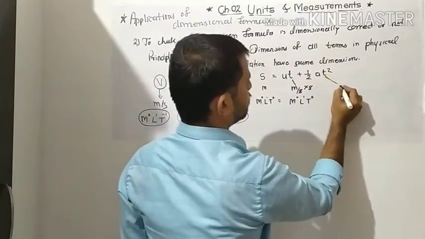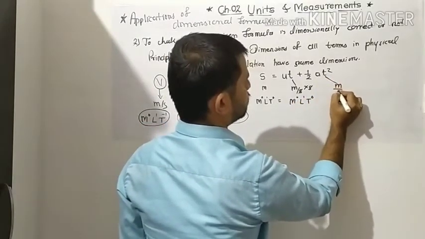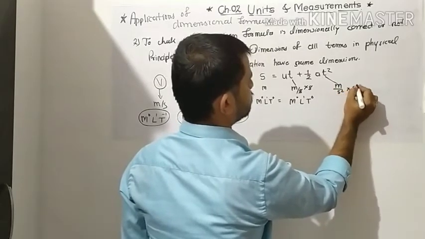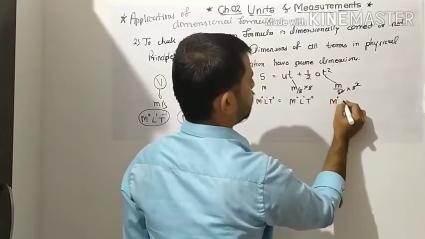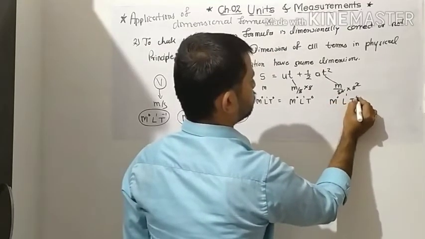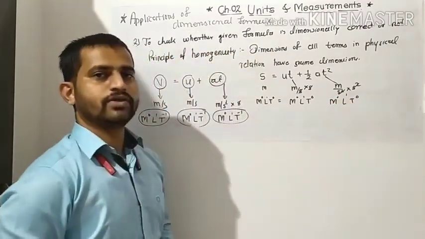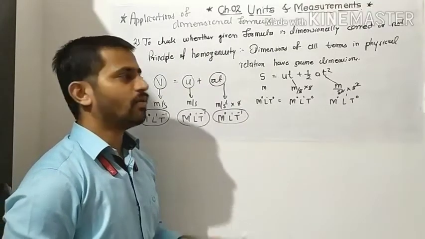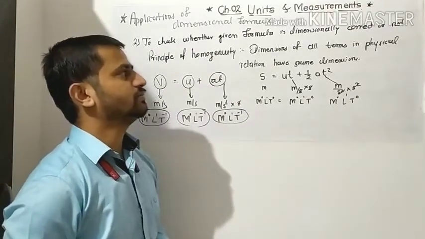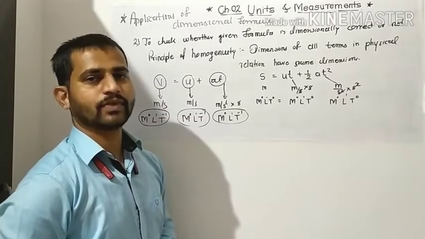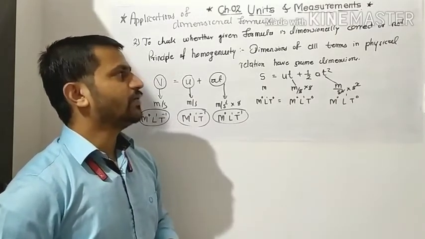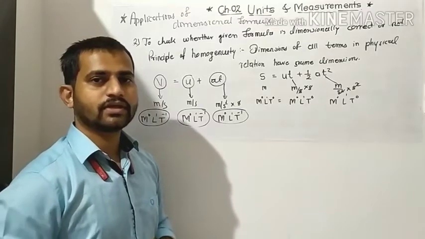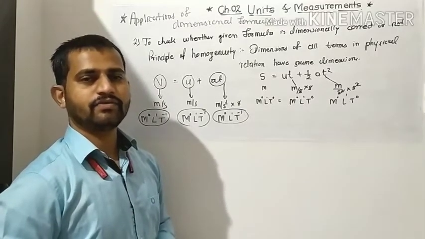Again here it is meter per second square into second square, so second square will get cancelled, M raised to 0, L raised to 1, T raised to 0. So we get the dimensional formula of all the terms as the same.